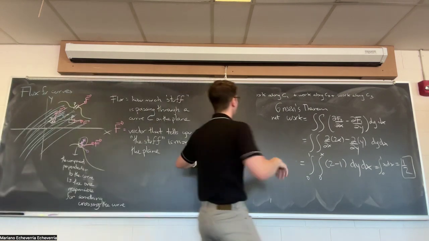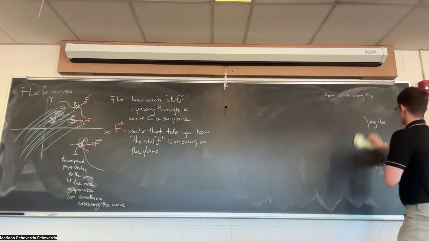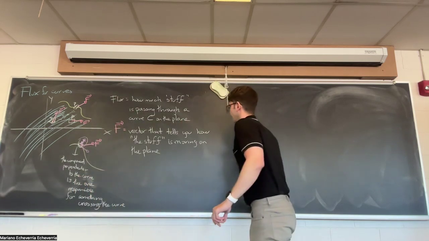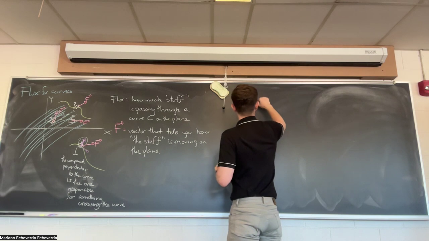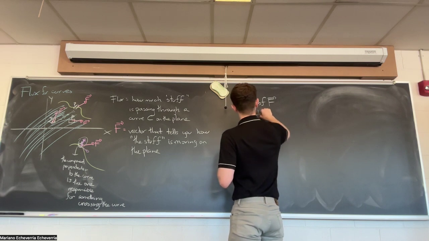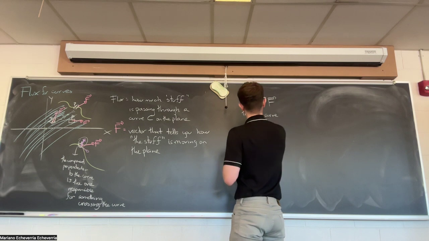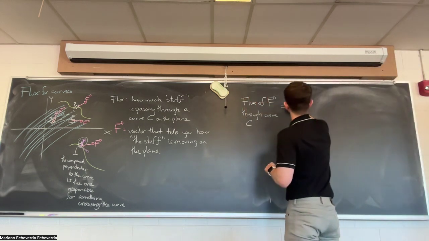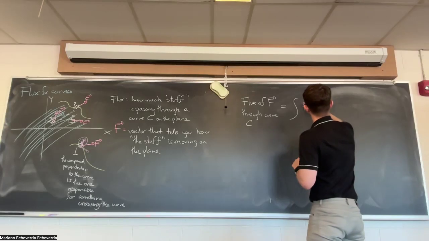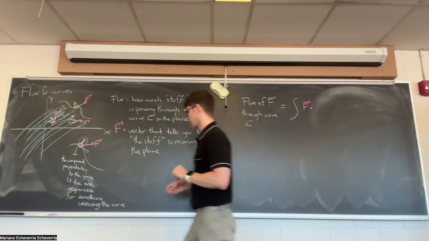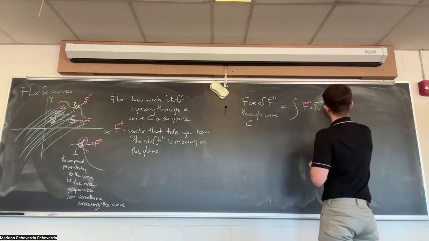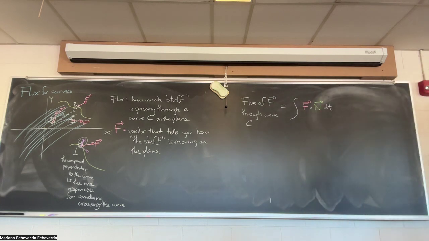So just to write down the formula. The flux of F through the curve C is going to be an integral of the dot product between F and N, where here N is a normal vector to the curve.